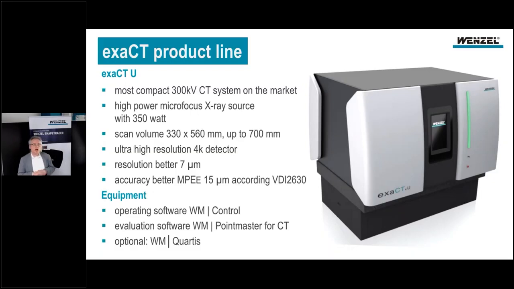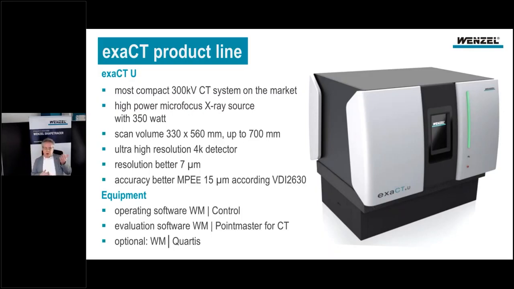So the flagship is the EXACT-U. It's the most compact 300 kV CT system on the market. It has a high power microfocus X-ray source with 350 watts, a very large scan volume of 330 up to 700 millimeters, and an ultra high resolution detector with 4K pixels.